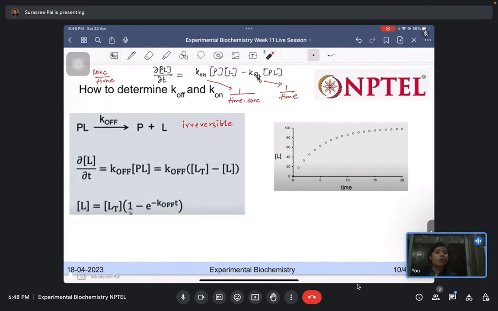Now, how to determine this K off? If we have to determine the rate of this reverse reaction, then we have to make sure that only the reverse reaction is being carried out and this reverse reaction becomes irreversible. So we have to design an experiment in such a way that the protein ligand complex is only dissociating to give the free protein and the free ligand.